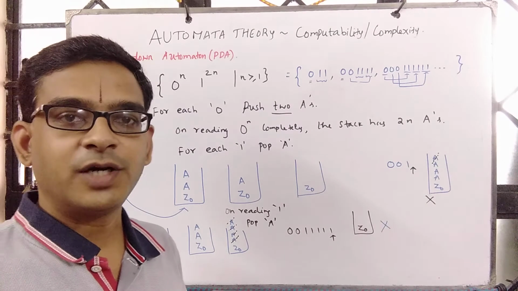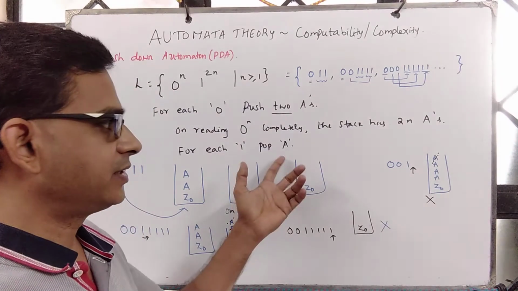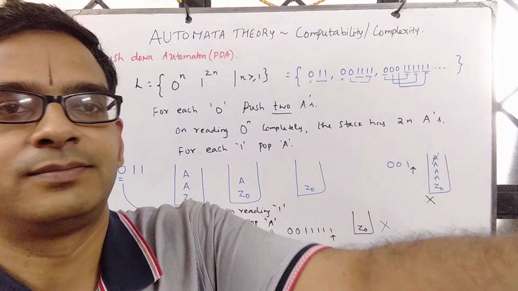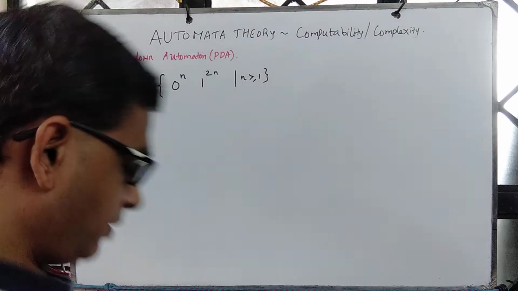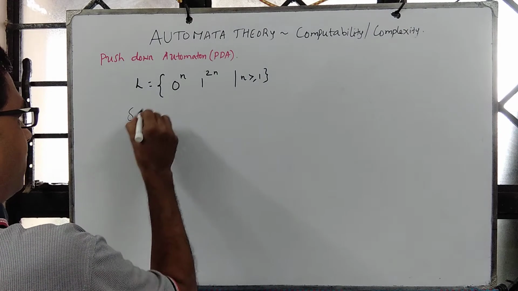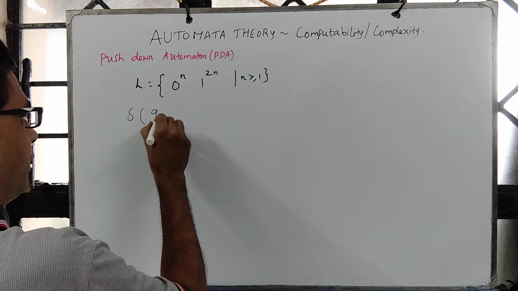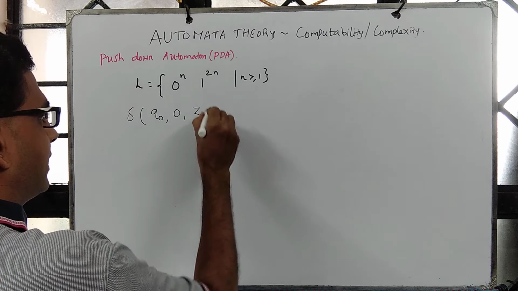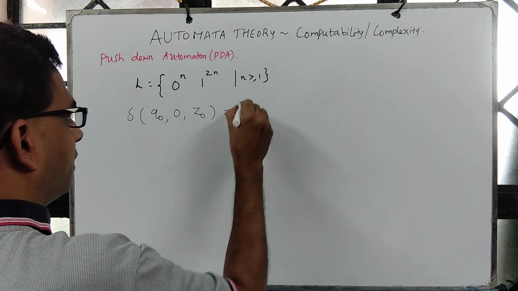Now let's formally define this using transition diagram and transition function. So here is the description. Delta of Q0, 0, start symbol Z0.